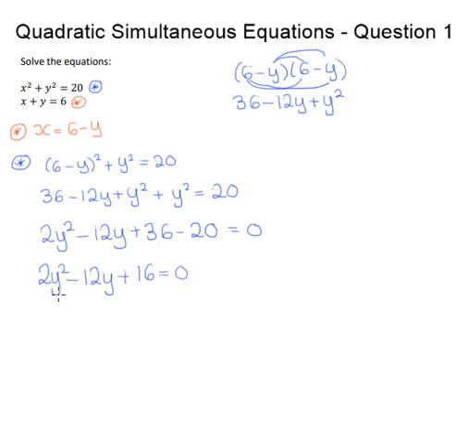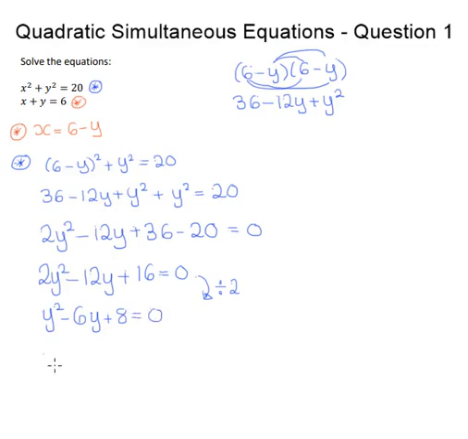Okay, I can see that all of these numbers are multiples of 2, so to make it easier for myself, I'm going to divide through by 2. This will give me y squared minus 6y plus 8 equals 0. Okay, quadratic.